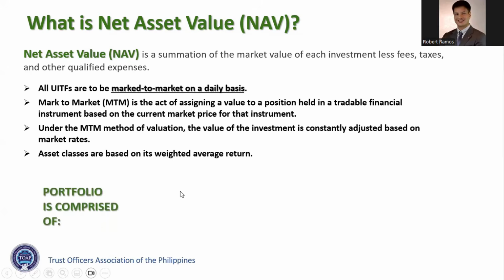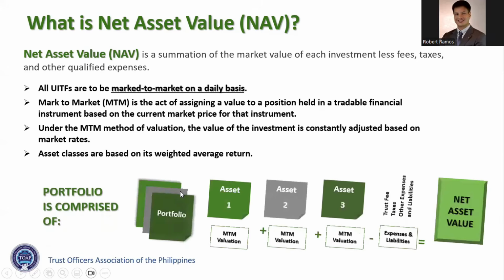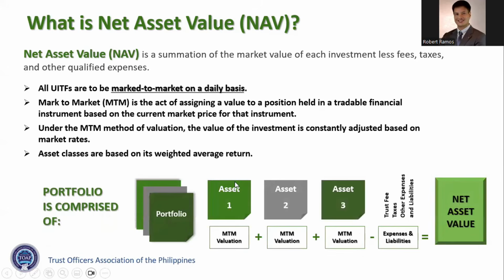So a portfolio is composed of asset 1, asset 2, asset 3, all of which are marked to market on a daily basis. You subtract from them the trust fee, the respective taxes, other expenses and liabilities, and the sum of all these is the net asset value.